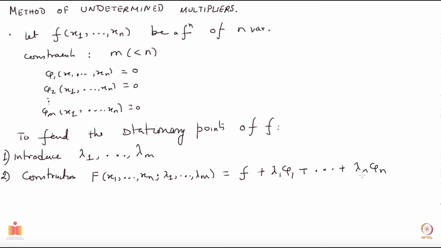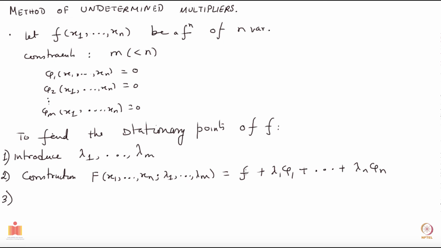Now what we do is the following. Remember, if there were no constraints, meaning all the phi's were not there, then your function is just f, and to find the stationary points you take the partial derivatives of f with respect to all the variables and equate them to 0.